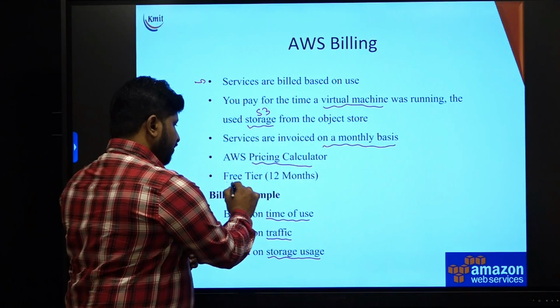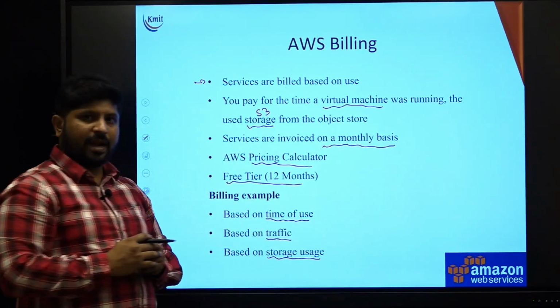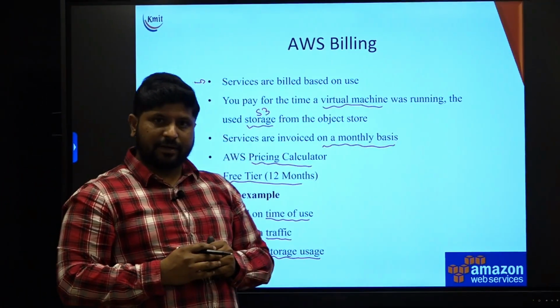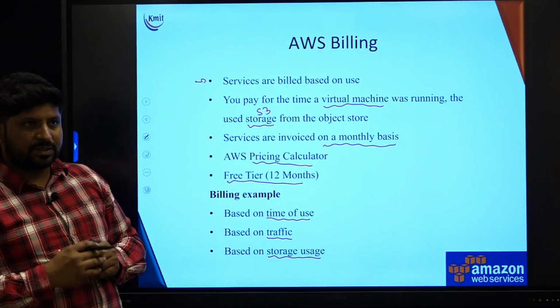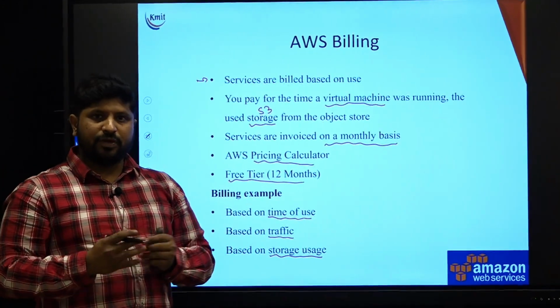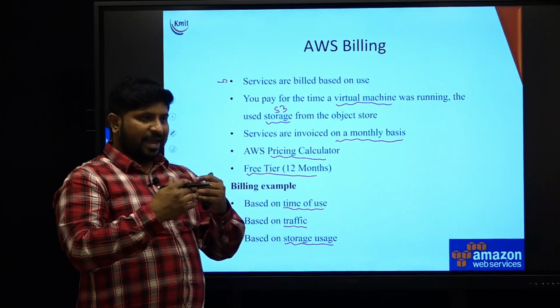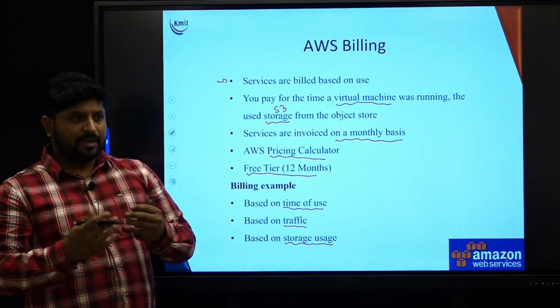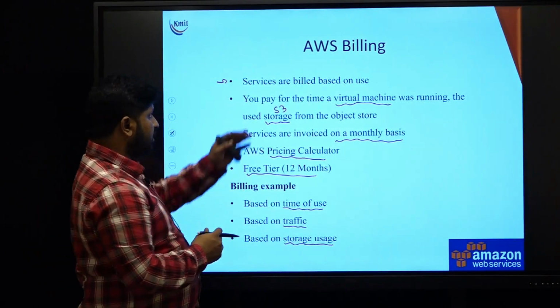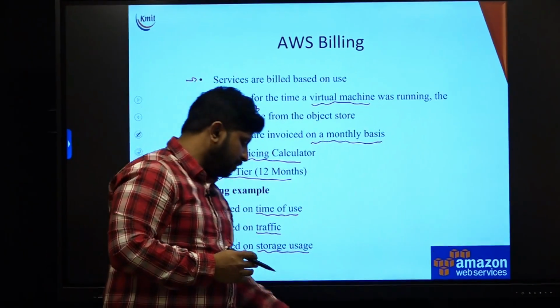And as a fresher or a beginner, we can use the free tier, where for 12 months certain services are provided to you free of cost. If you exceed the limit, then they are going to charge you. So this is all regarding AWS billing.